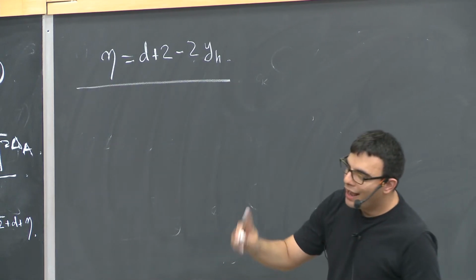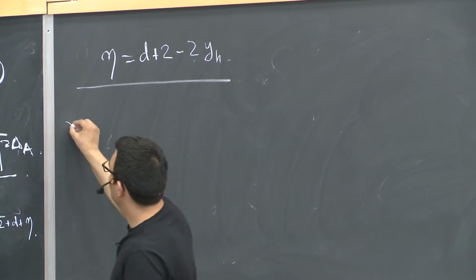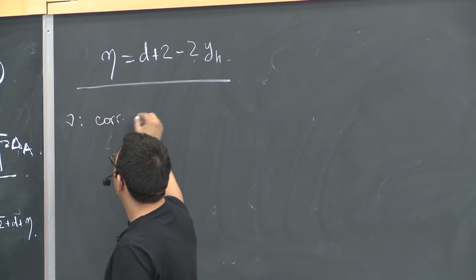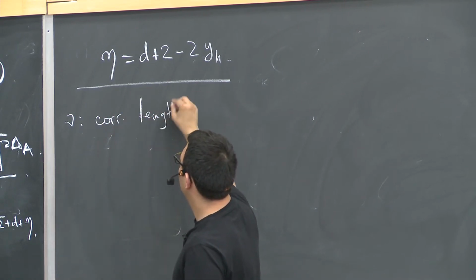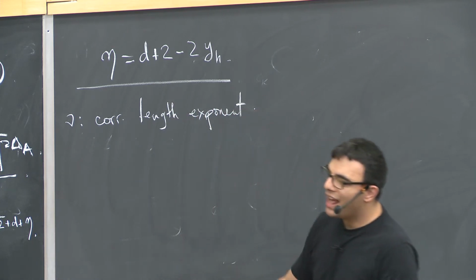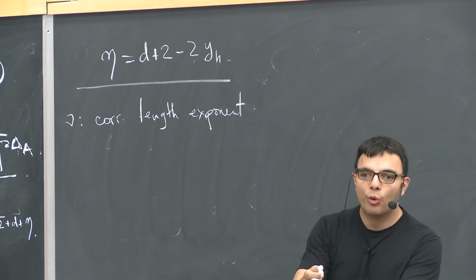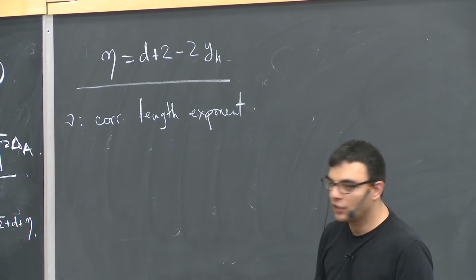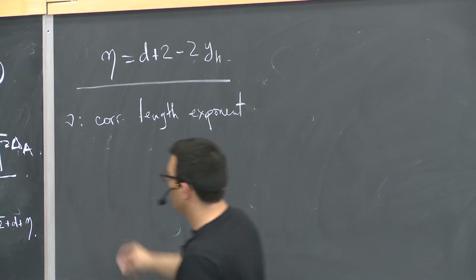The one that's a little more complicated is this nu. So nu was the correlation length exponent, which is about not precisely the fixed point, but slightly away from the fixed point, still at 0 magnetic field.